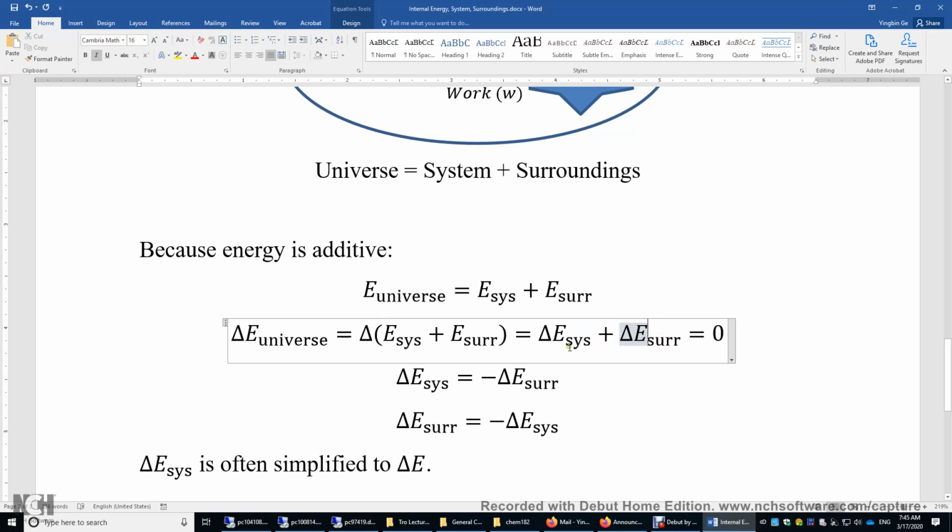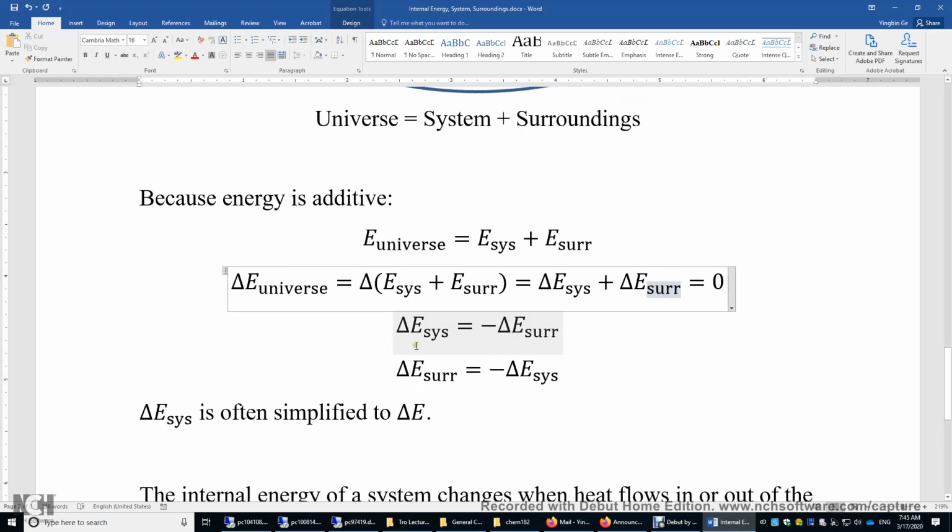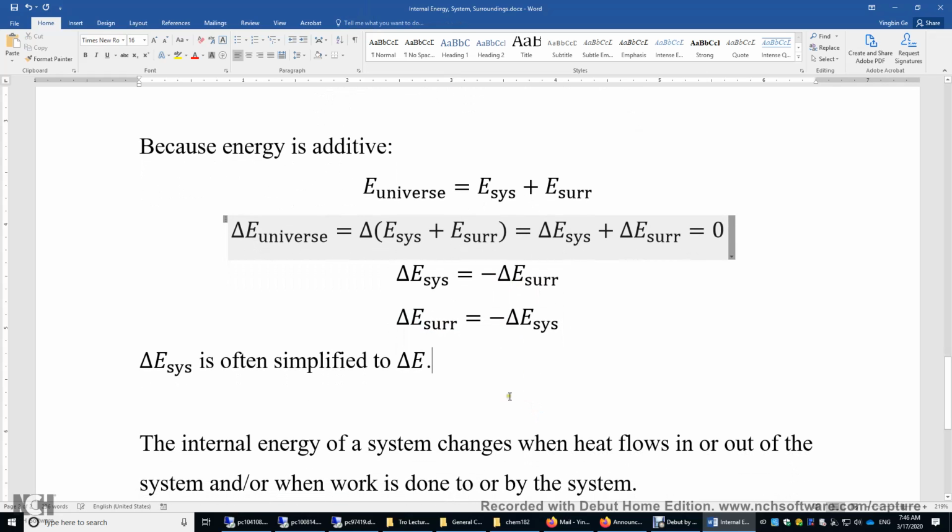Therefore, we know delta E system plus delta E surroundings is always 0. And then we know the change of the internal energy of the system is equal to negative, the opposite of the change of the energy of the surroundings, and vice versa. For simplicity, we sometimes just write delta E instead of delta E sys as the change of the internal energy of the system. I forgot to mention this delta sign here.